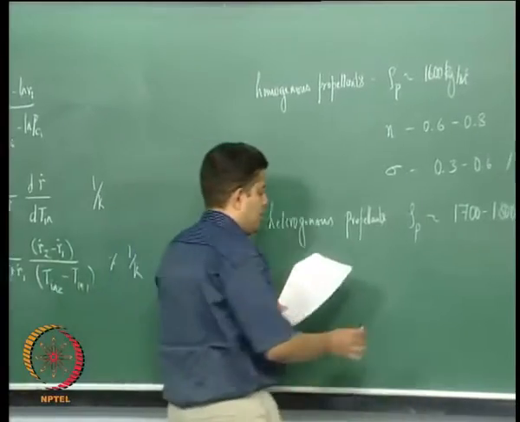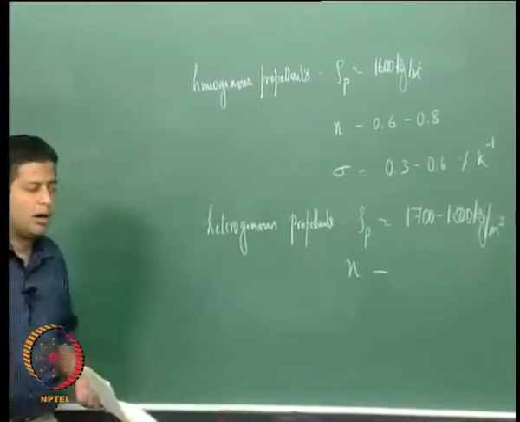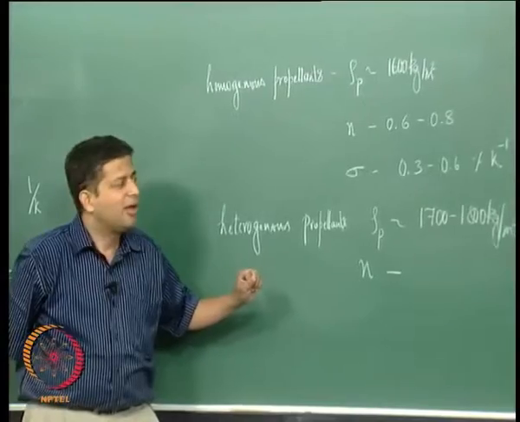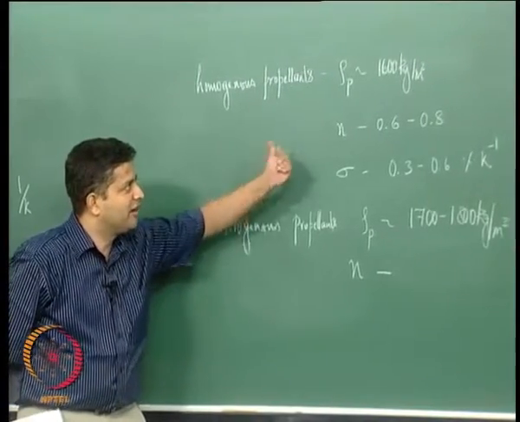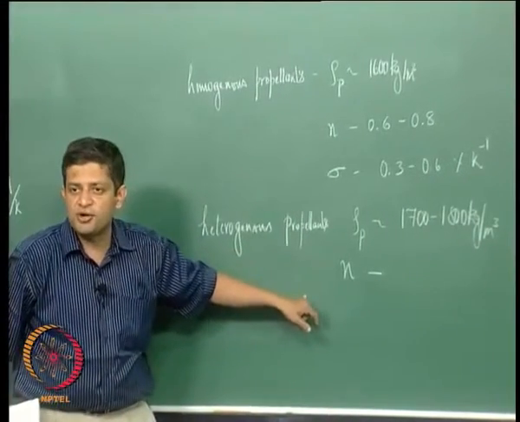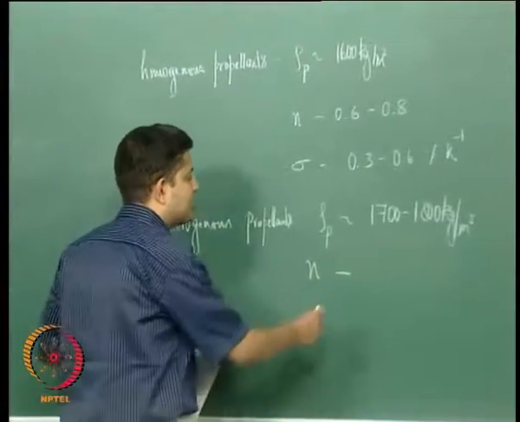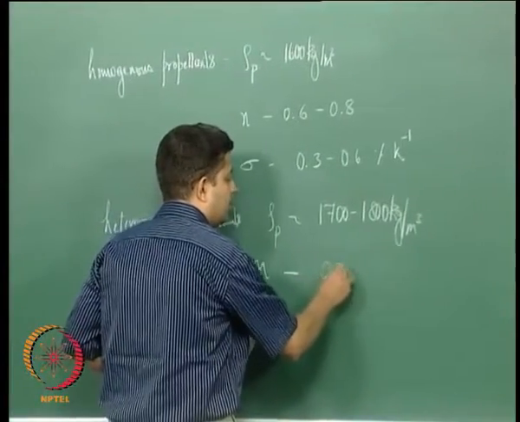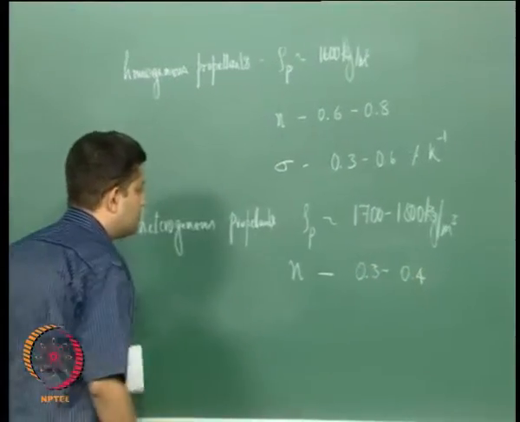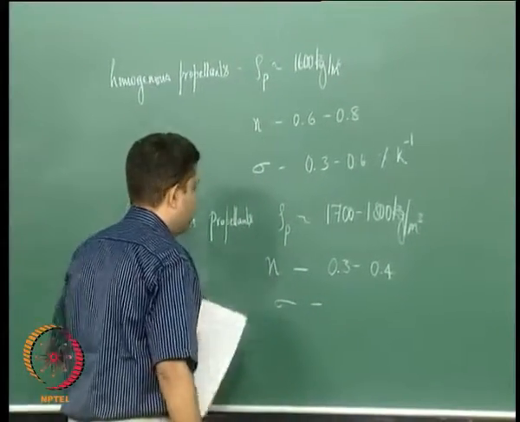Then the index here, if you remember, the ingredients are mixed in a mechanical fashion, and therefore, the combustion of this will be more diffusion dominated, and therefore, you will find the burn rate pressure index lower in this case, something like 0.3 to 0.4, and the initial temperature sensitivity will be of the order of 0.25 percent per Kelvin.